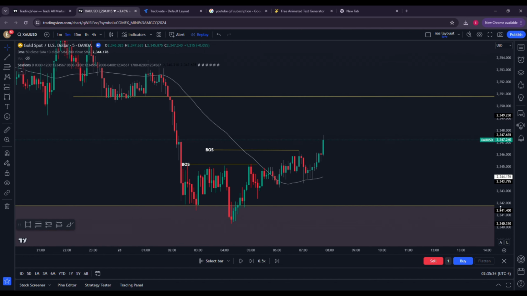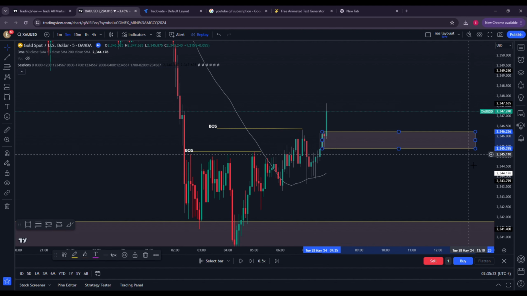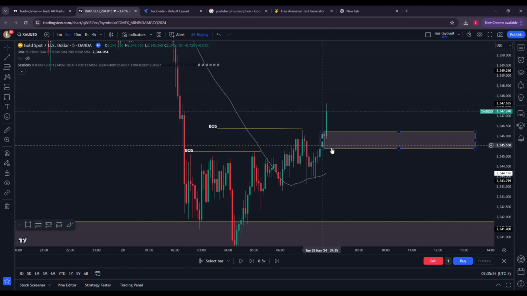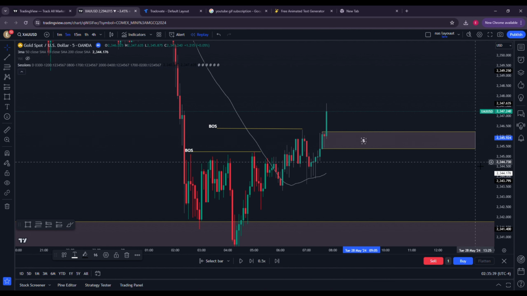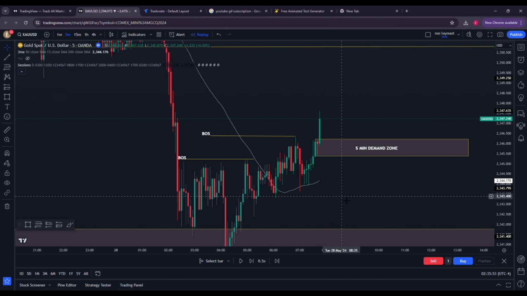So going back to the 5-minute, we have our breaks of structure already marked, and in the midst of everything, it left us a demand zone. I actually like the zone very much because it indicates that price may be returning into our zone to give us an entry for a possible buy.